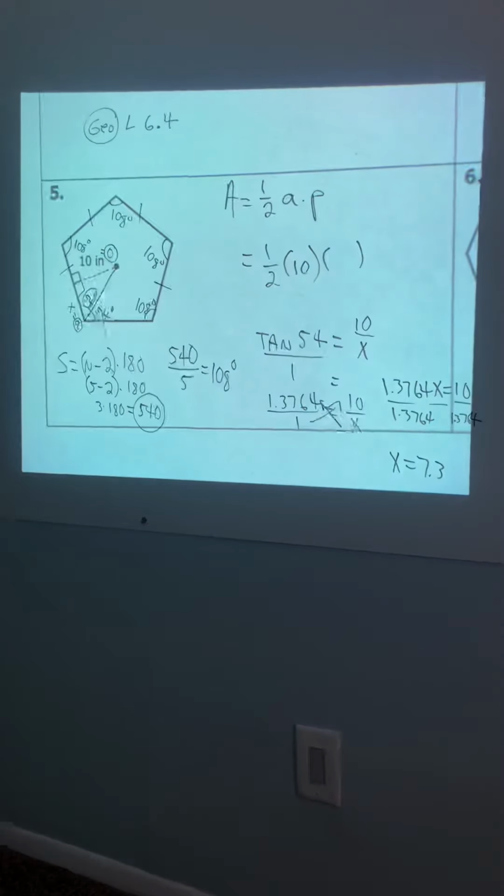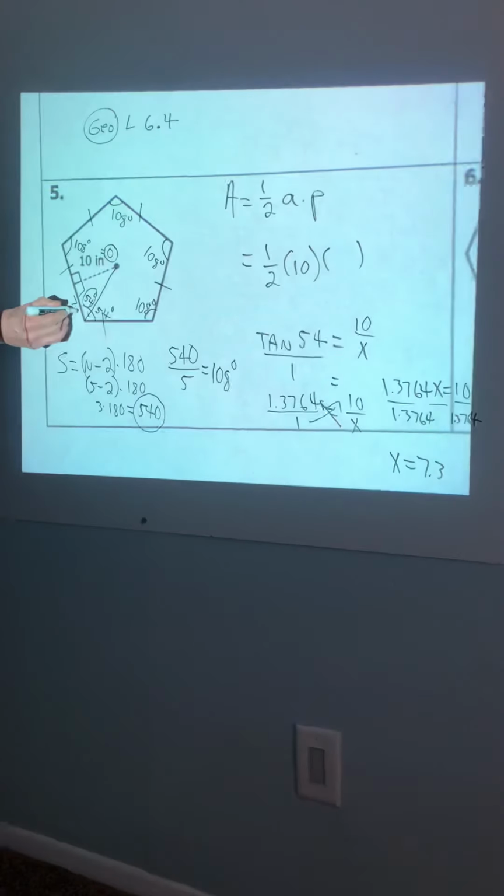Come over here, and I'm going to erase this right here. The 7.3 goes here, but look, the 7.3 will also be here. So this whole side of your pentagon is 14.6.